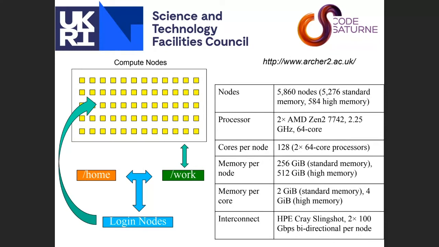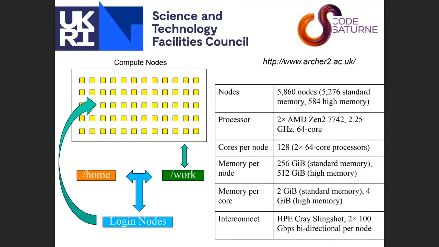The machine is the UK National Facility. It's an HPE Cray machine, which has about 6,000 nodes. The nodes with standard memory are the regular compute nodes, and there are also high memory nodes that can be used for pre and post processing, for instance.